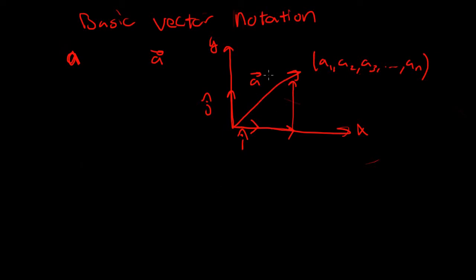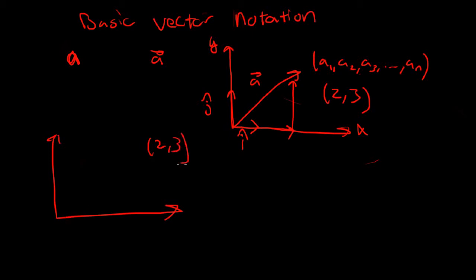In other words, say that our vector here is, for example, 2 and 3, and those are the components. Let's actually draw another example here. Okay, so we have our vector 2, 3, and that means that essentially we go 2 over here and then 3 up here.